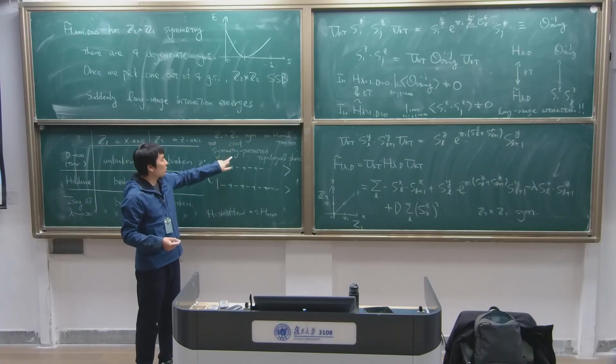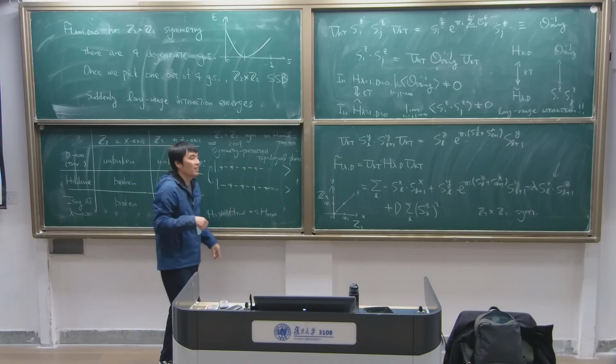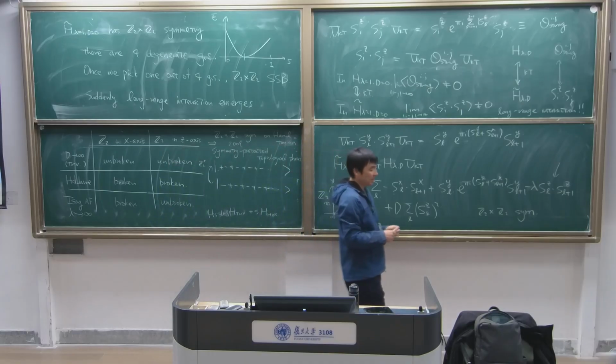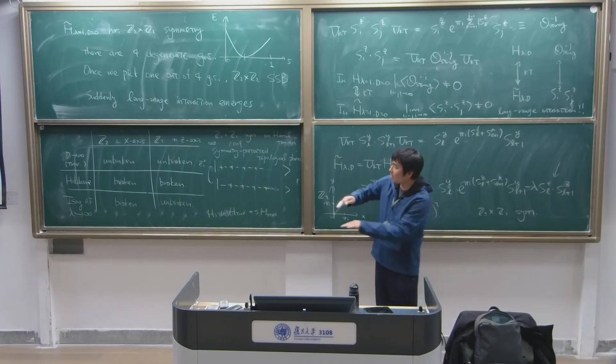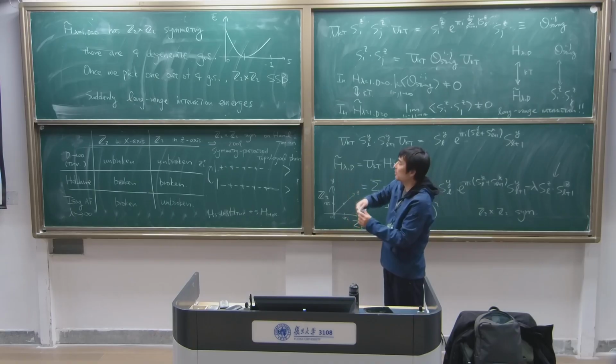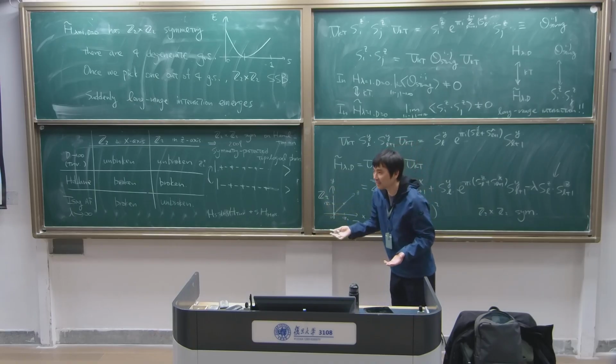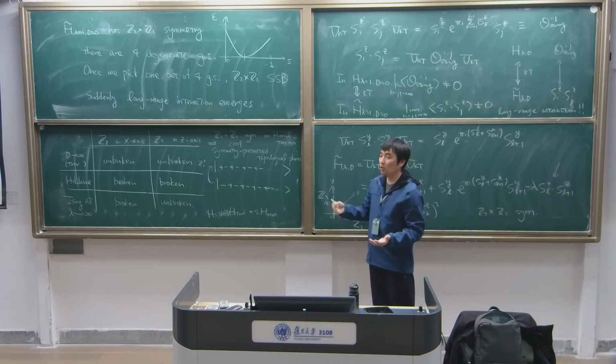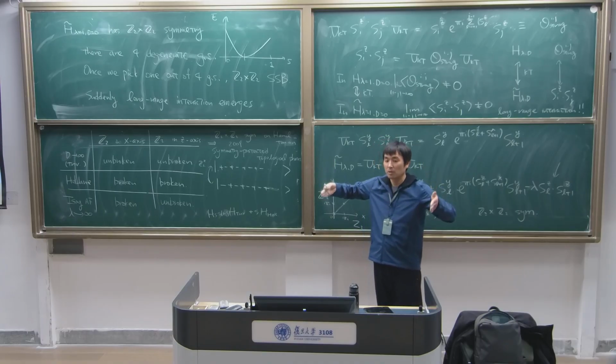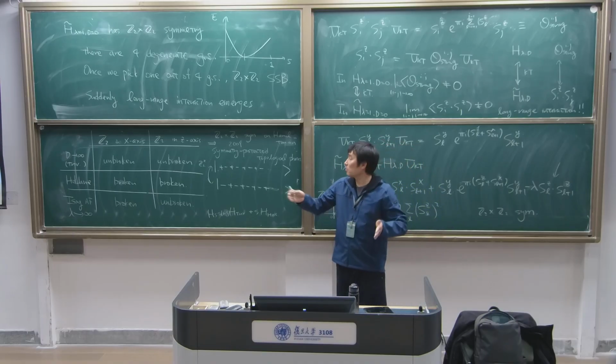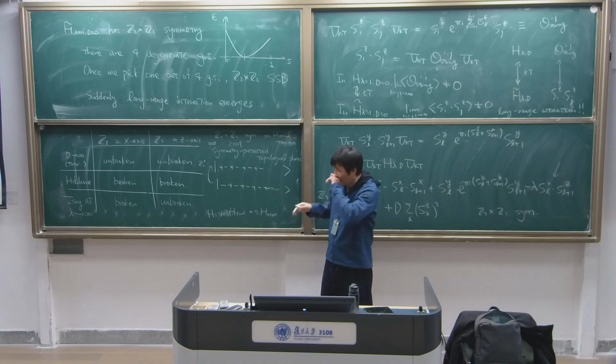So the symmetry is protected. Hamiltonian symmetry protected. And topological means that the bulk is gapped, but only the degrees of freedom will show up at the edge. Bulk is gapped. Topological means bulk is gapped.